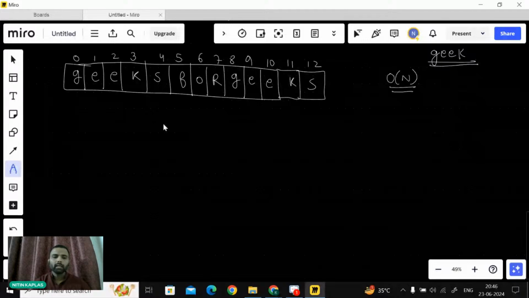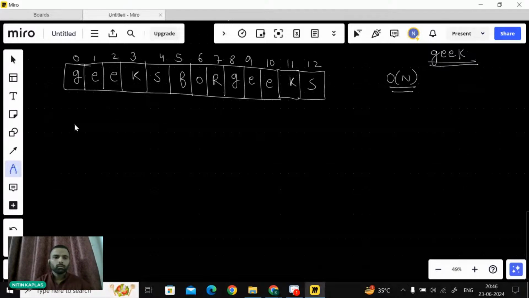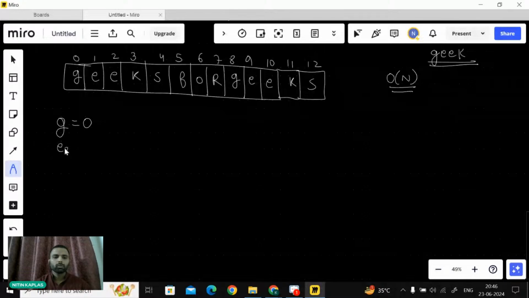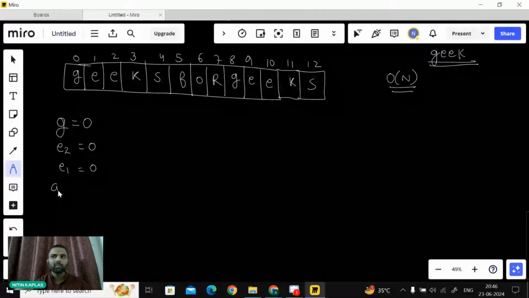So here I am taking variables. The first variable I'm taking is G count, it's 0. Now I have E2 count, which is 0. E1 count, which is 0. And here I've written the variable name answer. Answer simply tells me how many subsequences of GEEK you have.